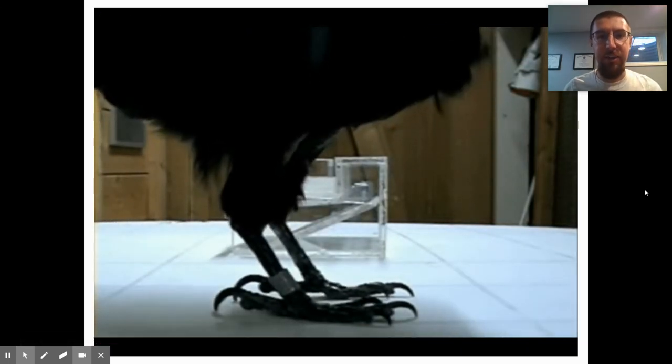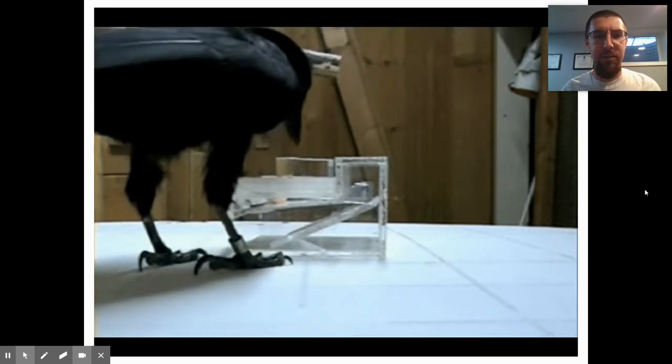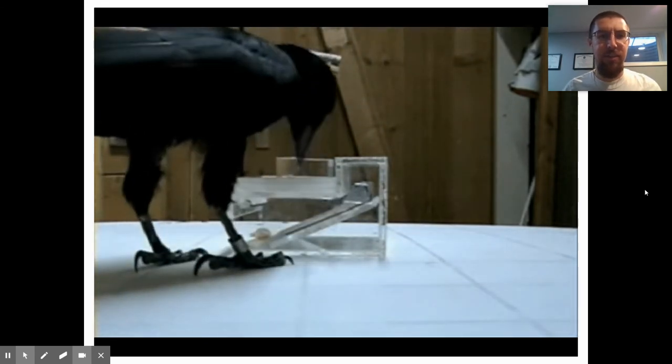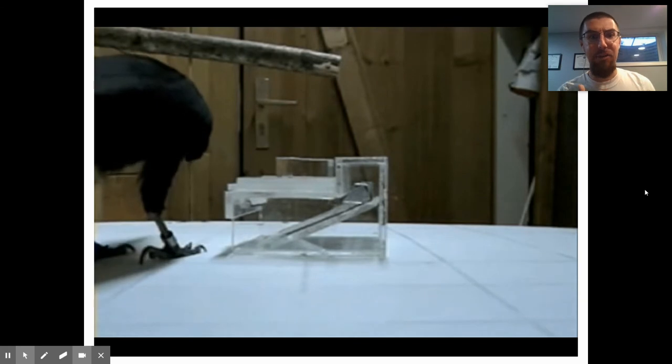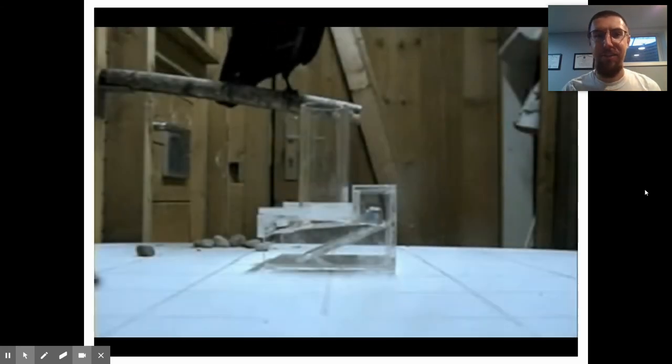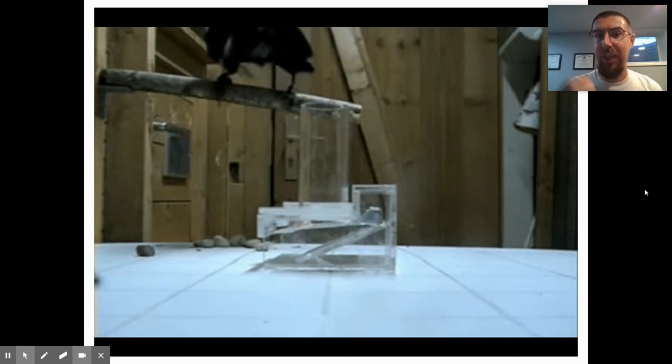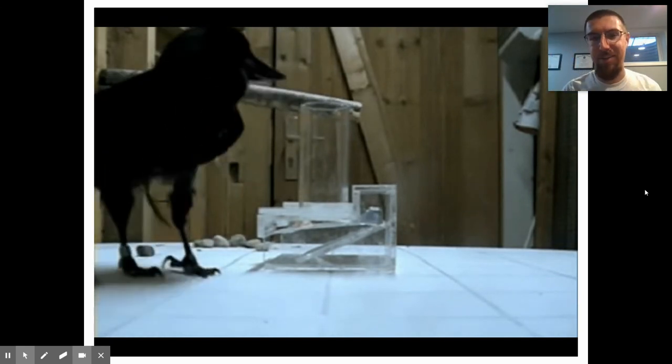So here you've got the crow. The crow's going to push down that lever and get the food. Now the crow has to figure out how to push down that lever with a plastic tube on top of it.